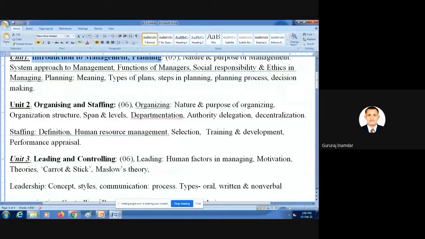Suppose you are in the manager's chair. Then you have to look into the staffing department also: recruitment, which basic education is required for a particular post, how many posts, how many departments there are. Whatever the strength of employees, you have to decide that also.